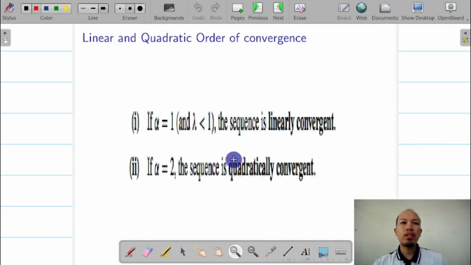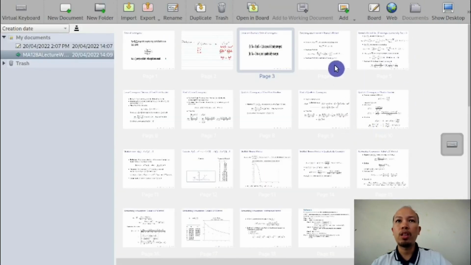If alpha, the same as in definition 24, is equal to 1 and c or lambda is less than 1, then the sequence is linearly convergent. And if alpha is equal to 2, then the sequence is quadratically convergent, which is the same as in definition 24.